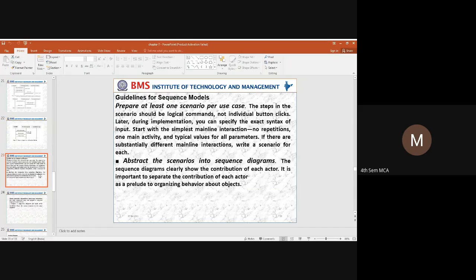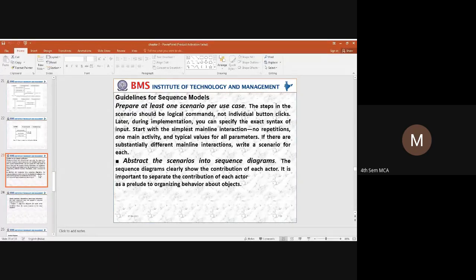Next we have the guidelines for the sequence model. When we are preparing a sequence model, we need to go through these guidelines on how to prepare a sequence diagram. The first guideline is to prepare at least one scenario per use case. The use case indicates a functionality, and each functionality has its own complexity. So for each and every use case we need to write at least one particular scenario.